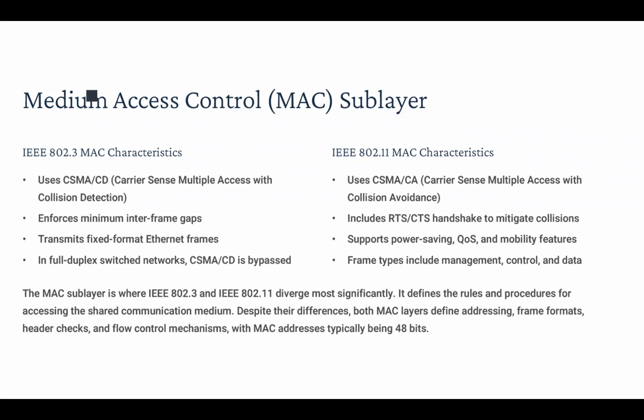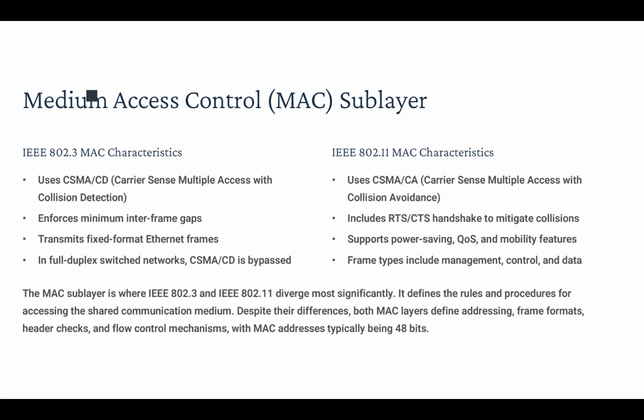Now, the MAC layer in Wi-Fi also has some characteristics. Wi-Fi uses CSMA/CA, in which devices listen to ensure the channel is idle, and then wait through a random backoff period before transmitting.